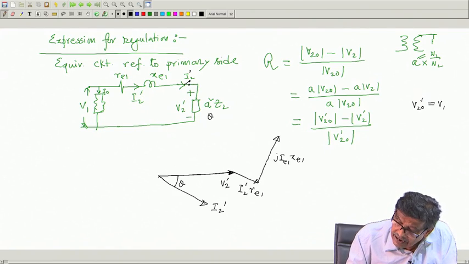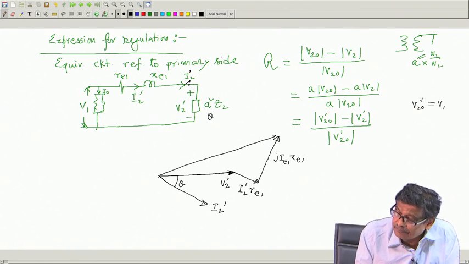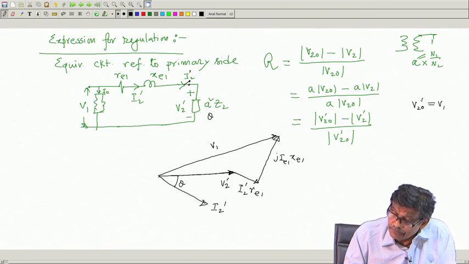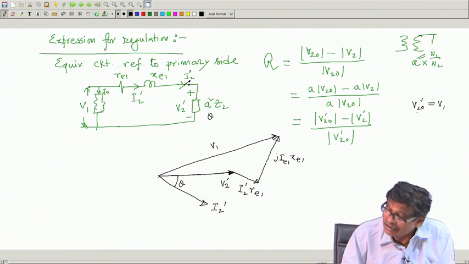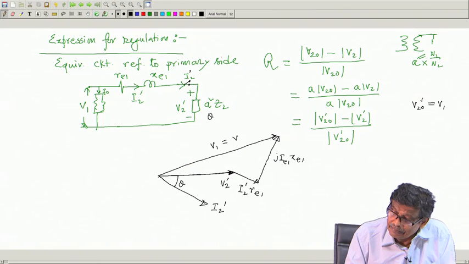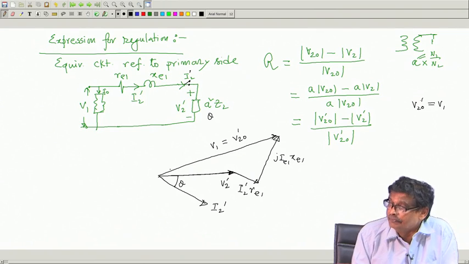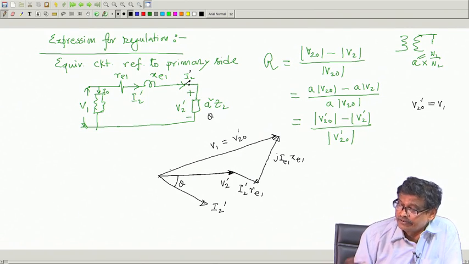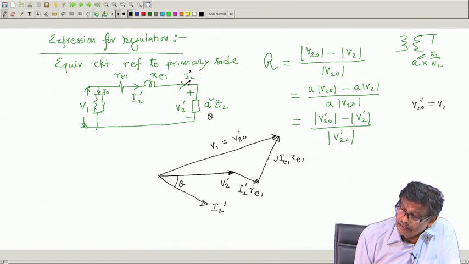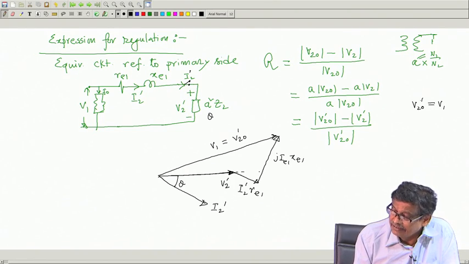So, and this will be how much? This is V 1, and this V 1 is nothing but V dash 2 0. You must understand this point. So, this angle is theta.